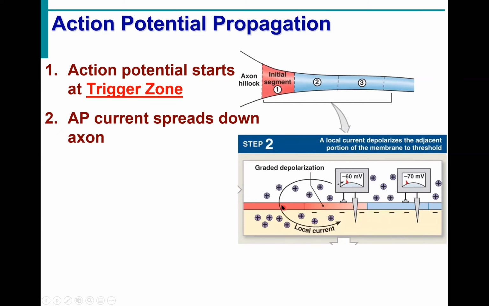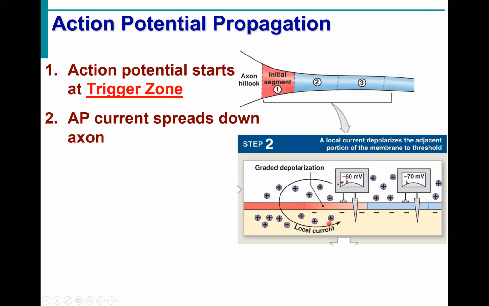Once that occurs, some of that sodium is going to spread, producing that local current, and it spreads to the next segment. When it spreads to the next segment, notice all of it doesn't have to spread. We don't need all 100 millivolts spreading. We just need a tiny bit. We just need enough to get it to threshold.